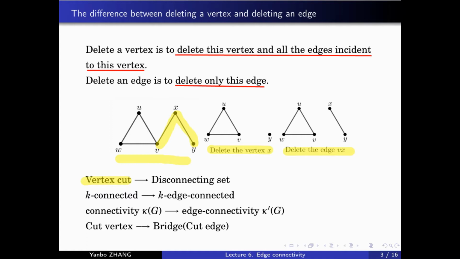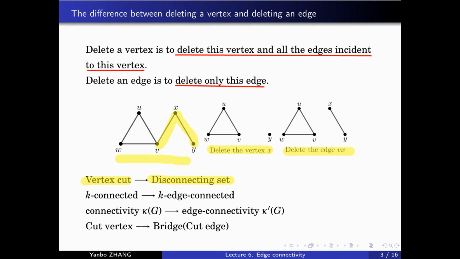The corresponding definition here is a disconnecting set. A disconnecting set is an edge set such that G becomes disconnected after deleting this edge set. So the first definition is a vertex set and the second definition is an edge set. If we delete it, the graph G will have more than one component.